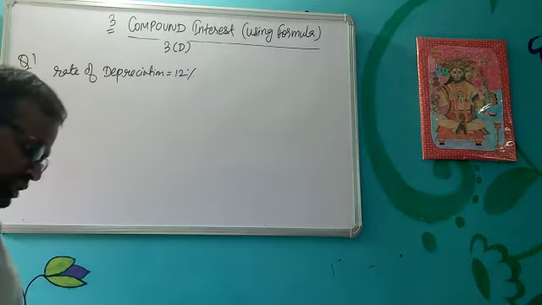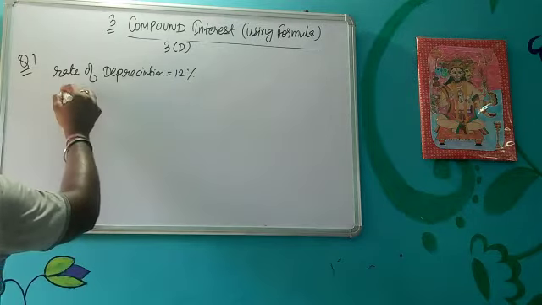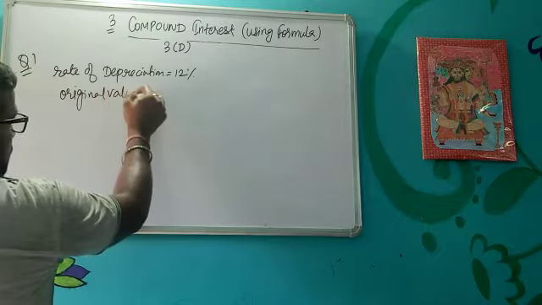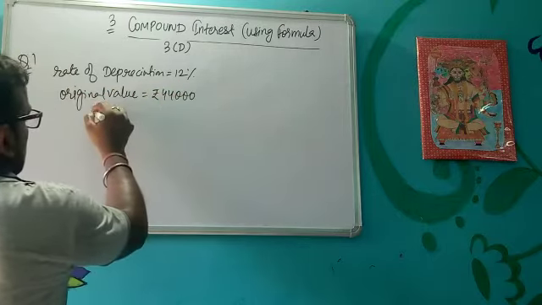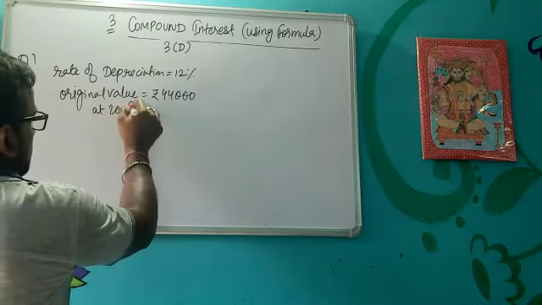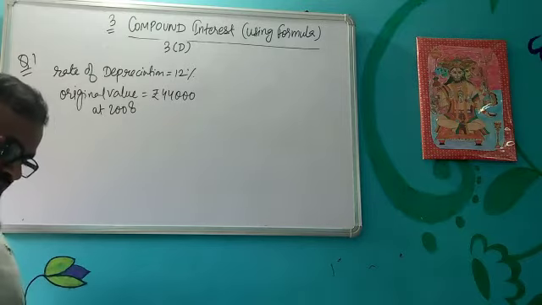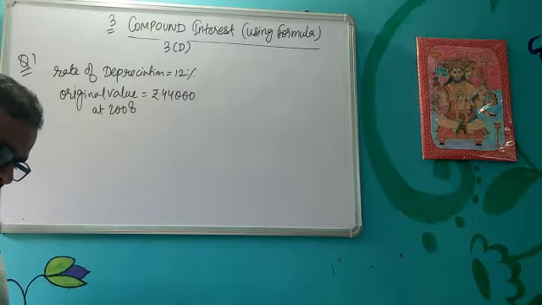The machine is valued at rupees 44,000, so we can take the original value as rupees 44,000 at the beginning of 2008. Find its value at the end of 2009.